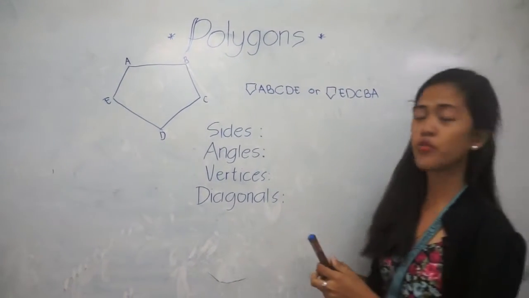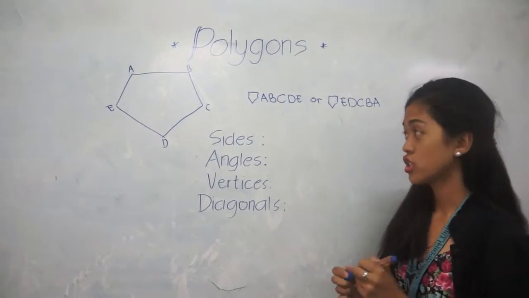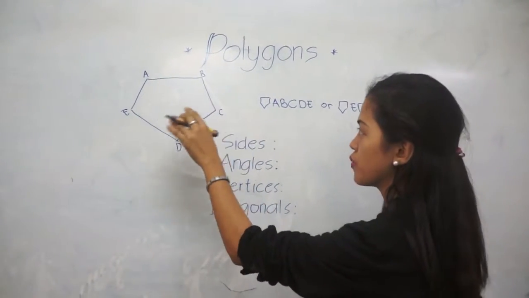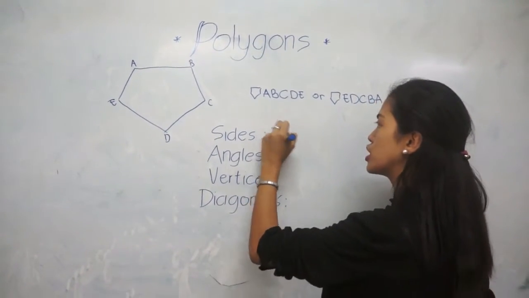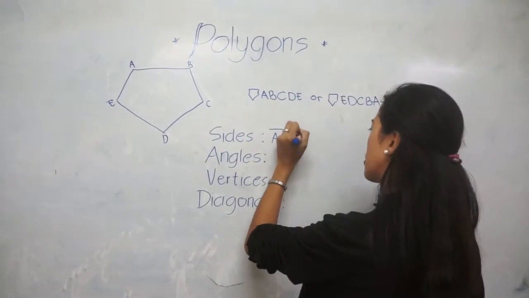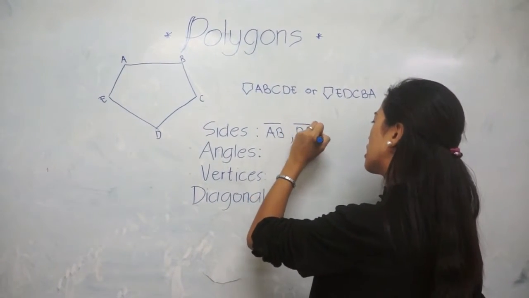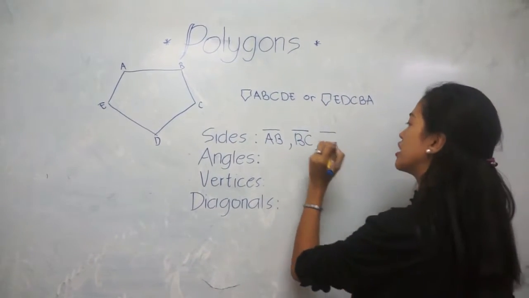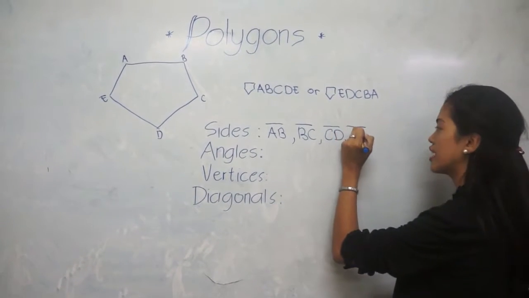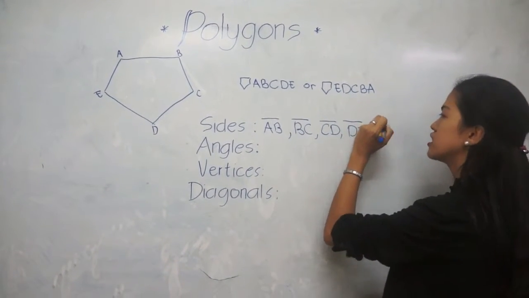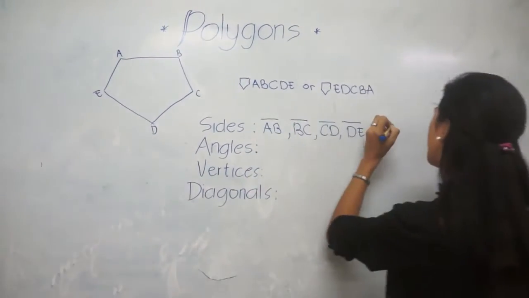So we are going to find the sides of this polygon. The sides of this polygon are line segment AB, which is this one, line segment BC, line segment CD, line segment DE, and line segment EA.